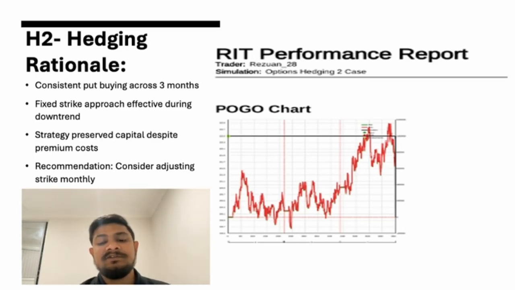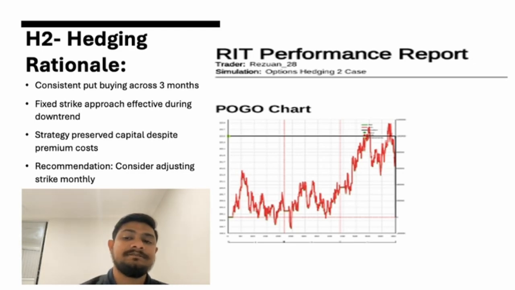Nevertheless, the strategy successfully preserved capital despite the premium cost. One recommendation for improvement would be to consider adjusting the strike price each month to stay closer to at the money for more efficient hedging.